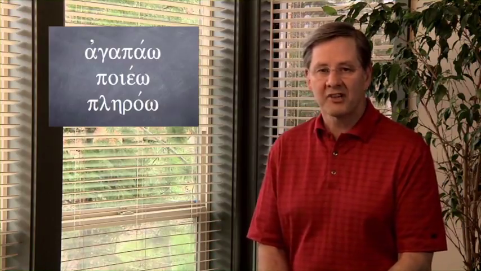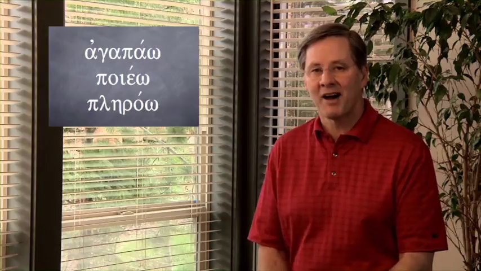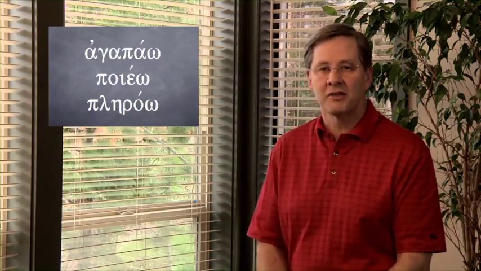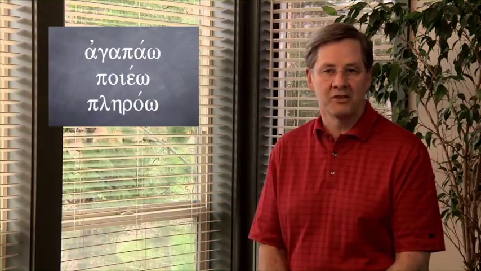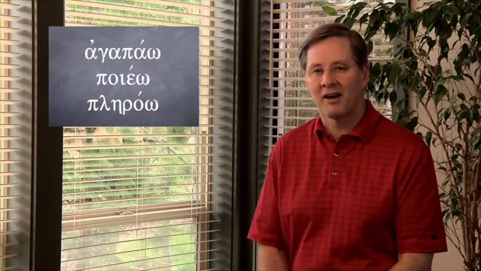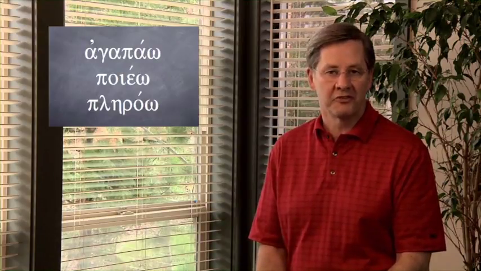What are contract verbs? Well, as I said, contract verbs are verbs whose stems end in an alpha, epsilon, or an omicron. And so for alpha contract verbs, I use agapao, which means I love. For epsilon contracts, I use poieo, which means I do or make. And for the omicron contracts, I use pleirao, which means I fill or fulfill. Okay?